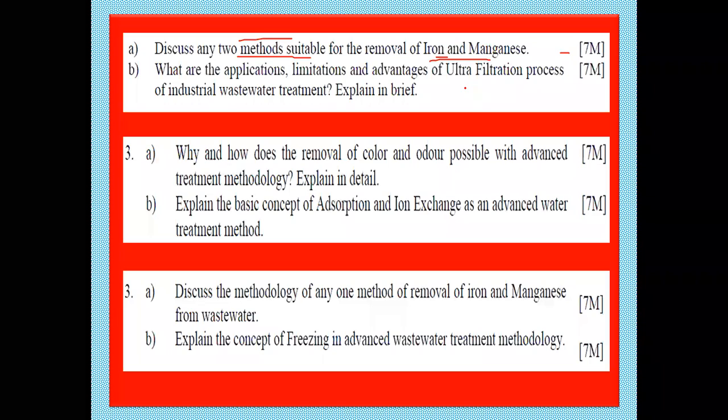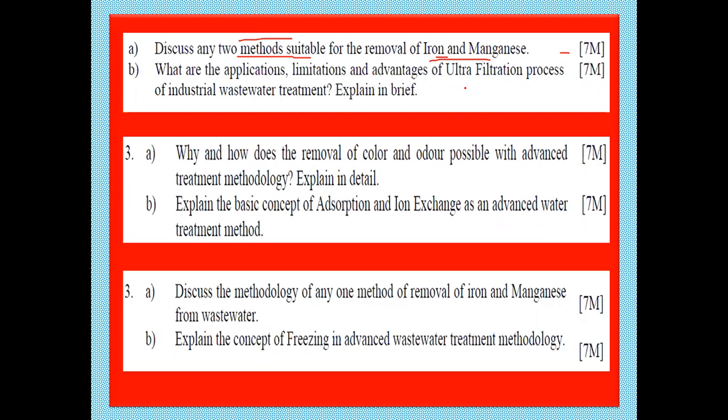UF is a variety of membrane filtration in which hydrostatic pressure forces liquid against a semi-permeable membrane; suspended solids and solutes of high molecular weight are retained while water and low molecular weight solutes pass through the membrane.